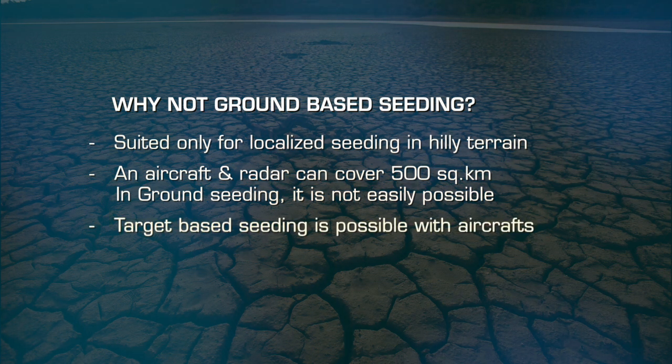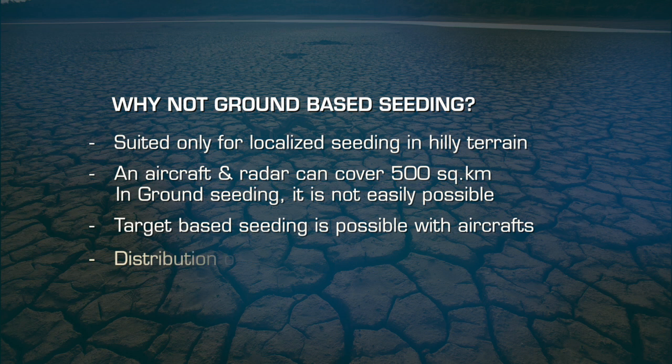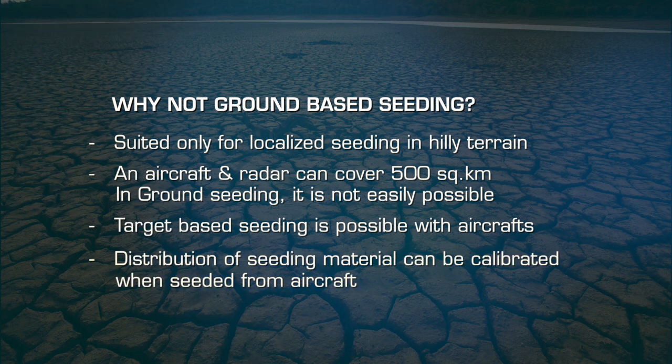Aircraft can identify updrafts in clouds, which enables target-based seeding in comparison to non-precision target from ground-based rocket launchers. Distribution of seeding material can be more controlled and calibrated when seeded from aircraft compared to ground-based seeding.